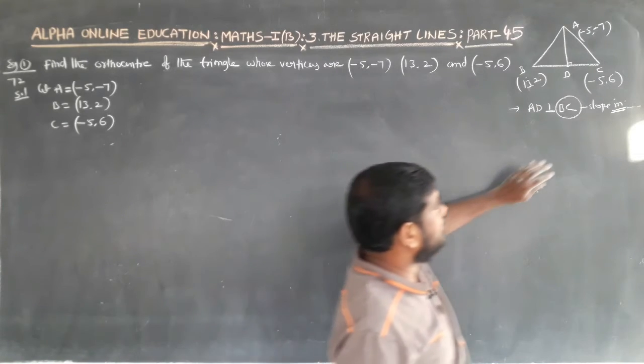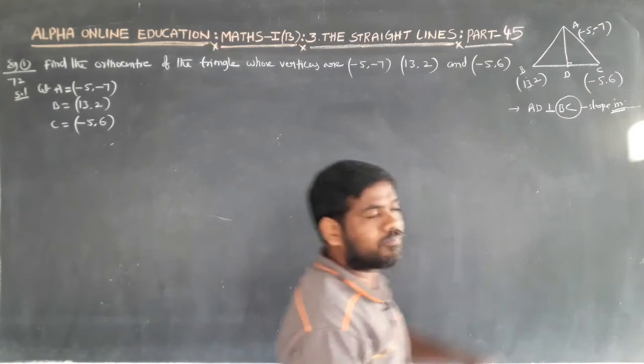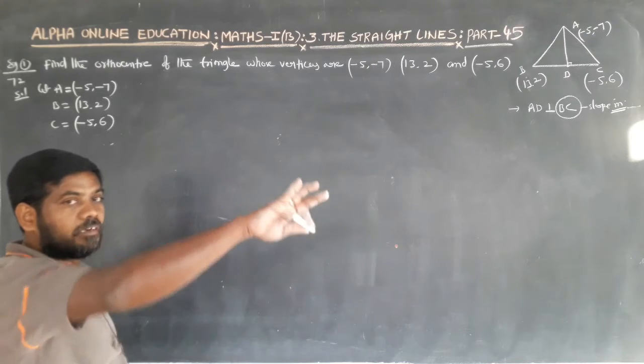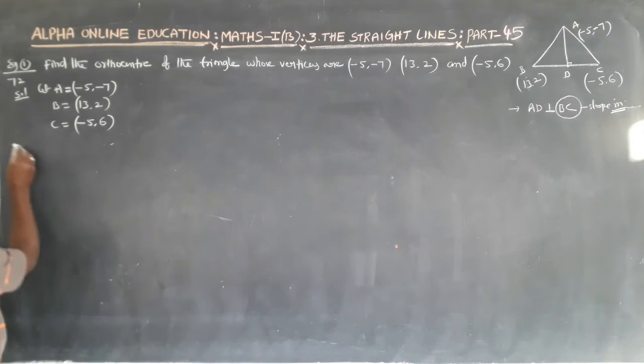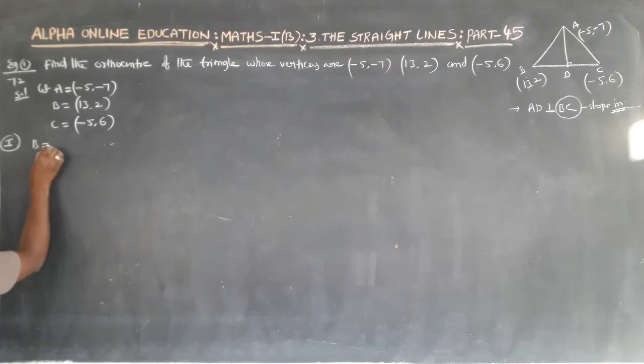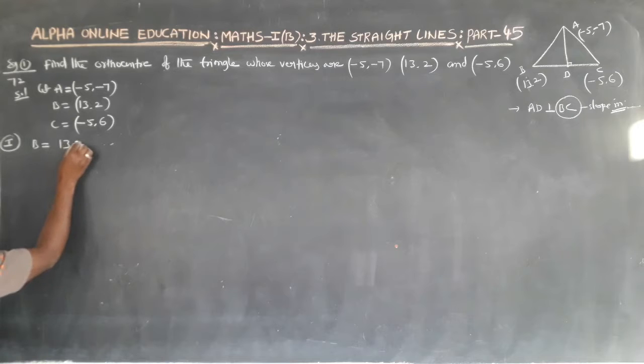So first find the slope of BC, then find the equation of the altitude AD.